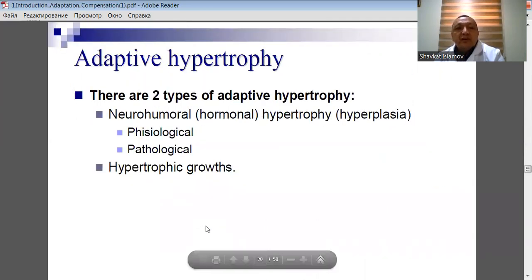Adaptive hypertrophy. There are two types of adaptive hypertrophy: neurohumoral hypertrophy, and physiological and pathological hypertrophic growth.